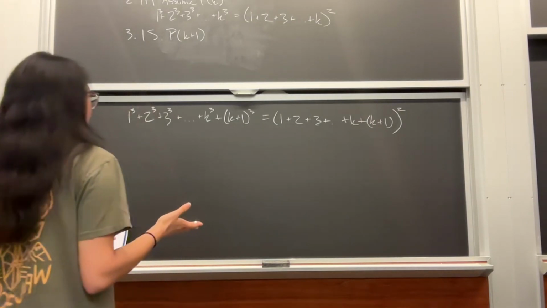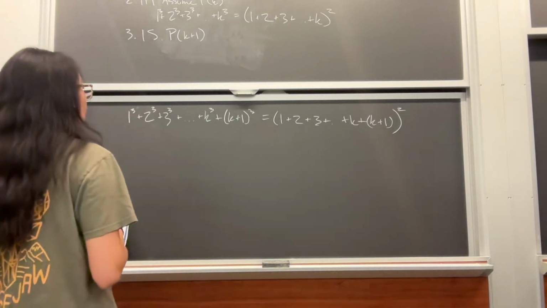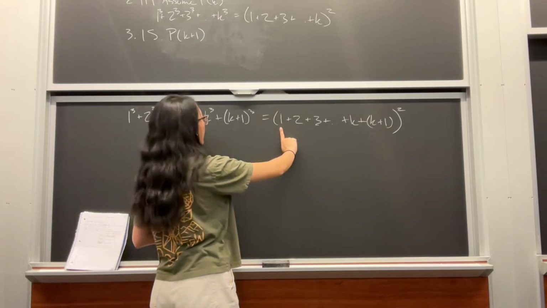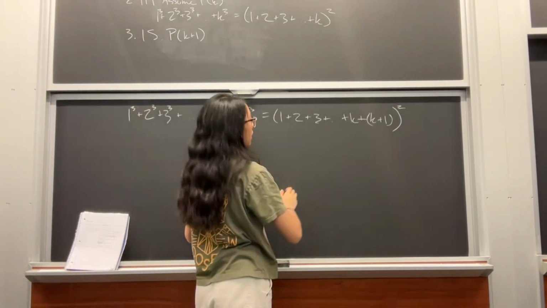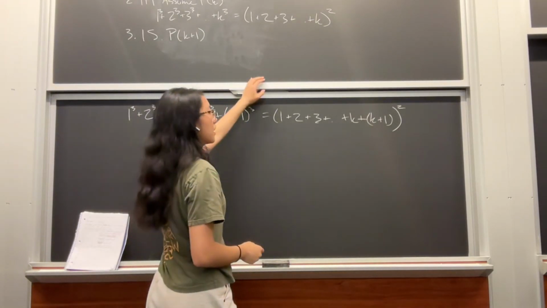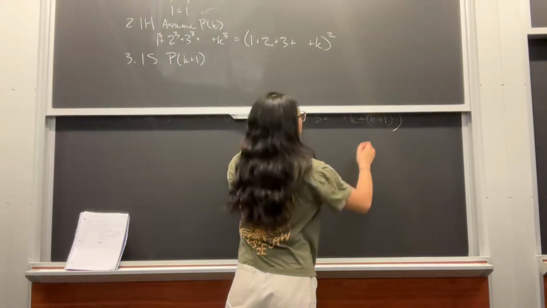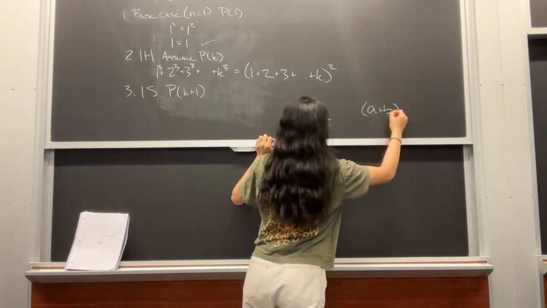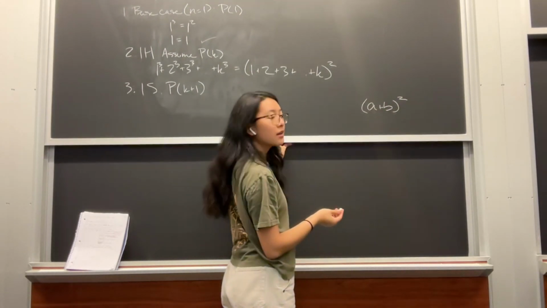But looking at this equation, what I'm seeing is that on the right-hand side, I'm getting something pretty similar to the structure of a binomial. So something like (a+b) squared.